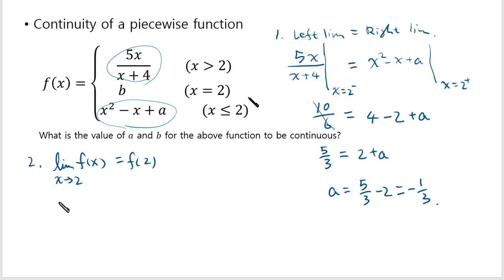So number 2, we already know that when you plug in 2, they both agree to give you the value 5 over 3. And because f of 2 is b, now I have that b should be 5 over 3. So the answer for this is that a should be negative 1/3 and b should be 5 over 3.